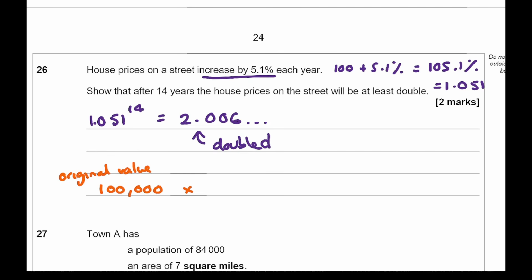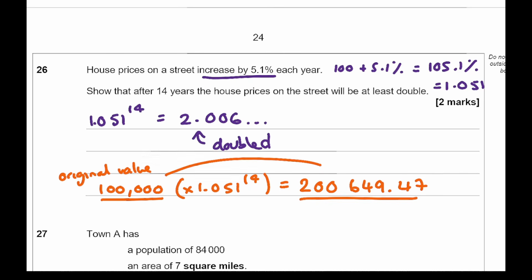If I then multiplied that by 1.051 to the power of 14 and type that into my calculator, so 100,000 multiplied by 1.051 to the power of 14, it gives me an answer of 200,649.47, and as you can see, that's more than doubled, and that would be absolutely fine for an explanation.